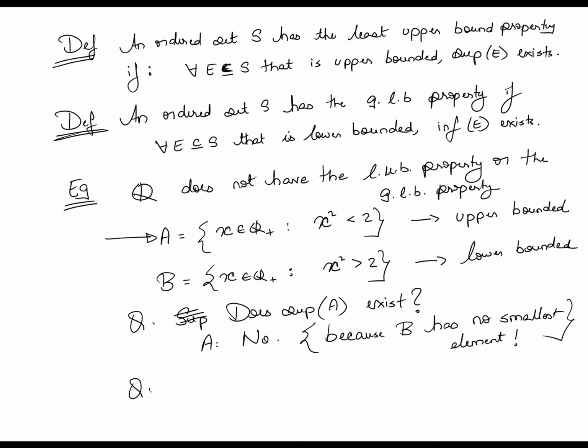Similarly, you can argue that the inf of B does not exist. Why does the inf not exist? Well, B is of course lower bounded, so I'm allowed to ask whether an inf exists or not.